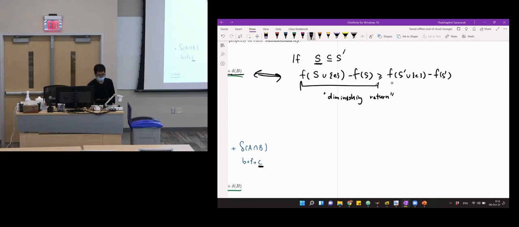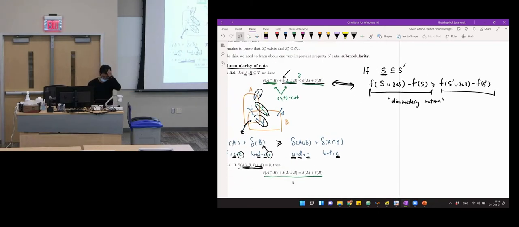And now you look at the same increase for S prime, but S prime is a superset of S. Now we say that the increase in value for S prime is at most the increase in value for S, because you are kind of too big already. But yeah, this is the interpretation.